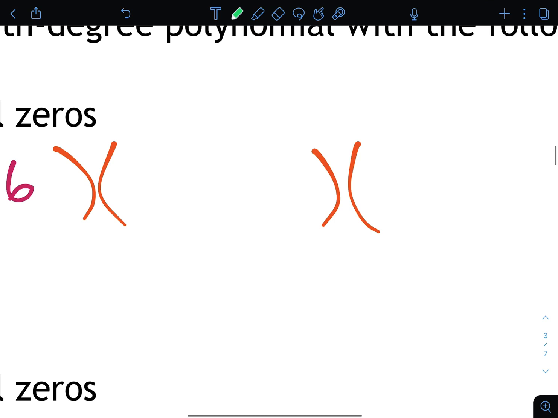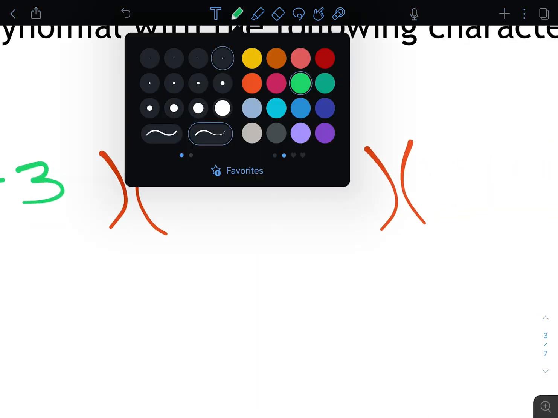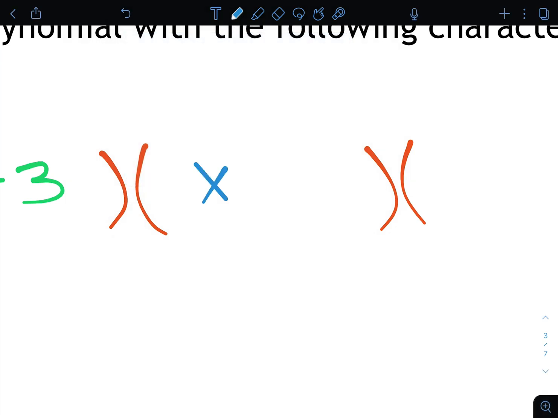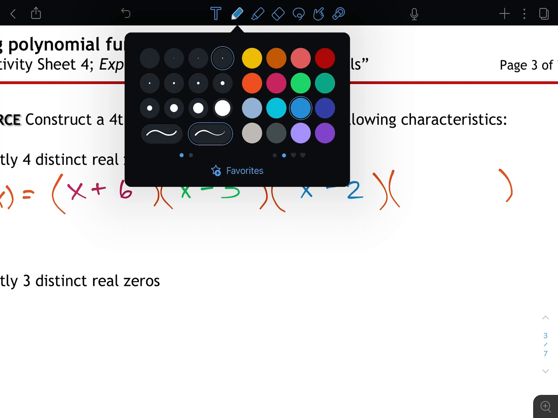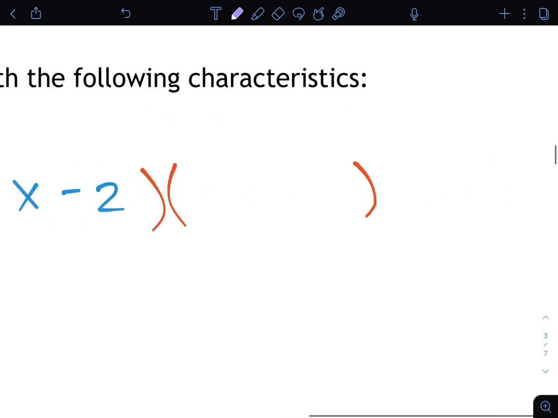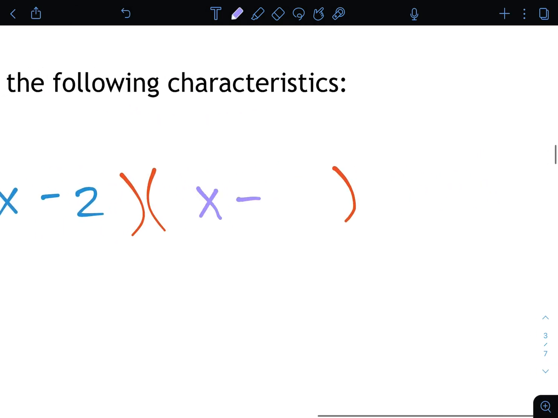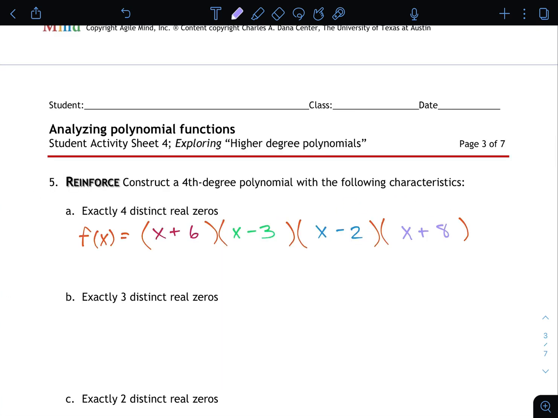I might do x minus 3 for the next group. x minus 2 for the third group. And maybe I'll do x plus 8 for the last group. So you could choose anything. As long as you have 4 groups being multiplied together, where each group is different, then that's going to give me those 4 distinct real zeros.